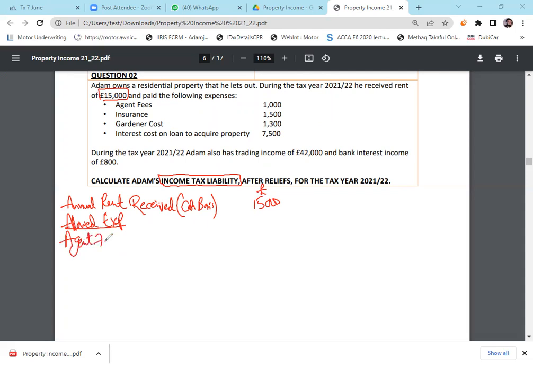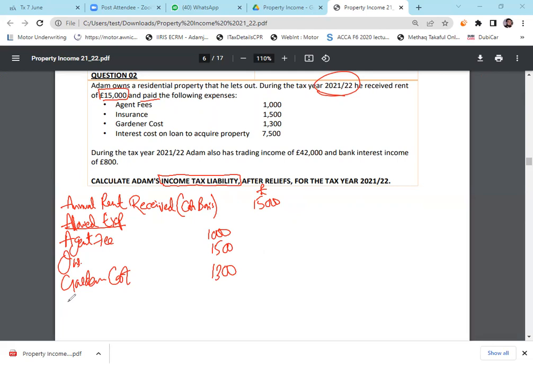It is a revenue expense paid by the landlord during the tax year 21-22. So should I allow it or no? How much? 1,000. Next is insurance. Same conditions satisfied, allowed. Gardener cost, definitely a revenue expense. It's like repairing.